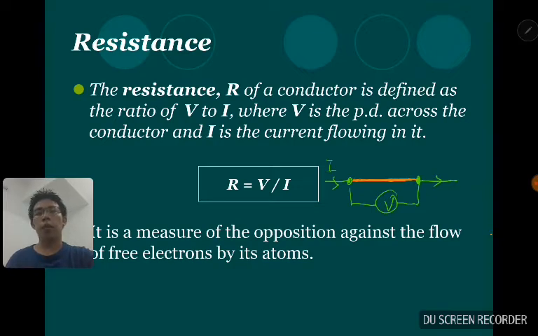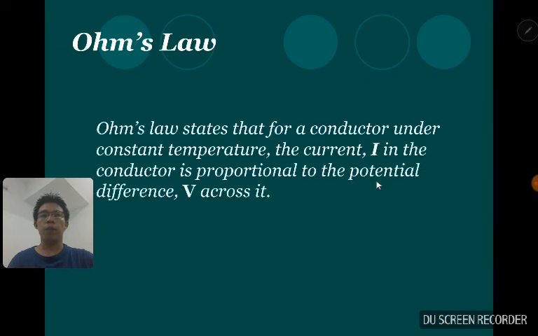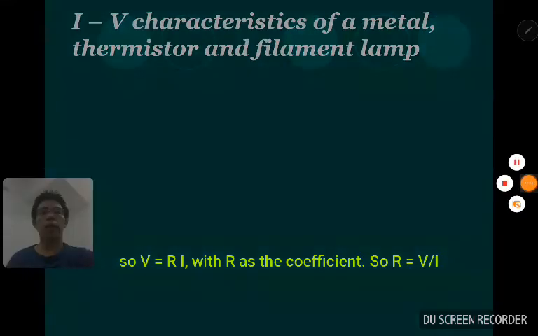So how is this equation derived? We have to trace it back to Ohm's law, which says that if you have a conductor at constant temperature, the current will be proportional to the potential difference across it. Okay, I'm going to skip this part here and we move on to the concept of resistivity.